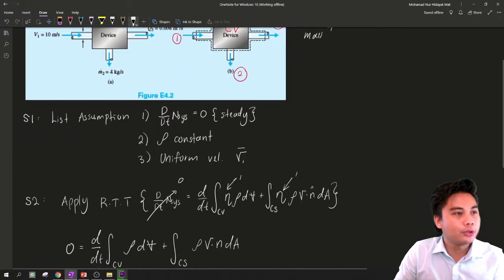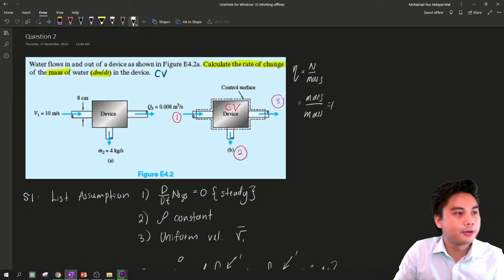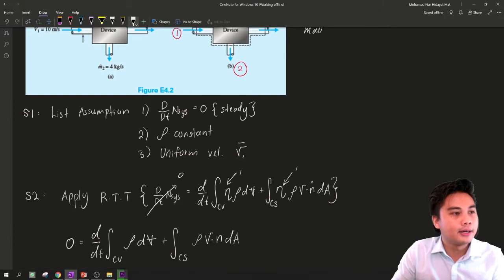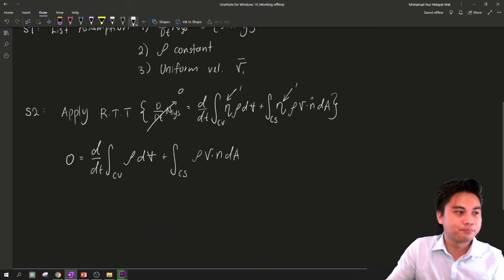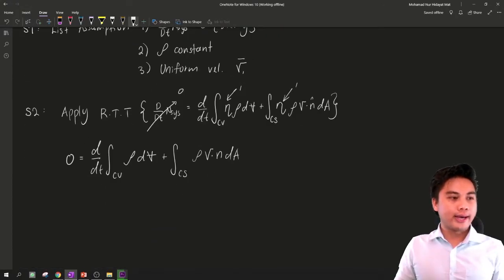From here, we need to expand further. Since we use only the uniform velocity, the area can be reduced to area 1, area 2, as well as area 3. So we know that this term is actually mass. Why mass?